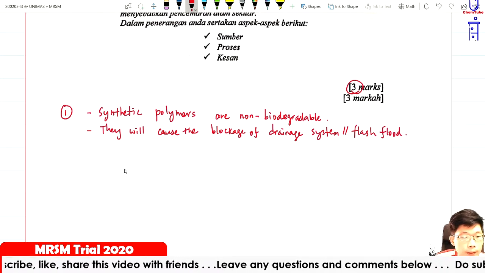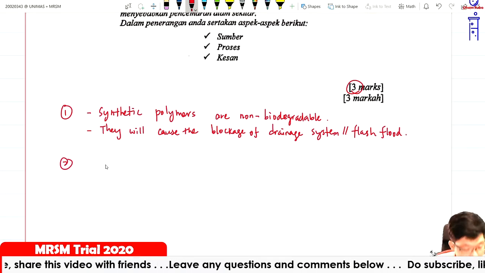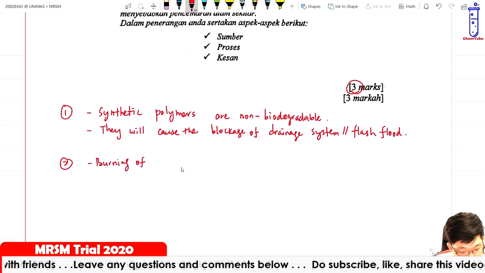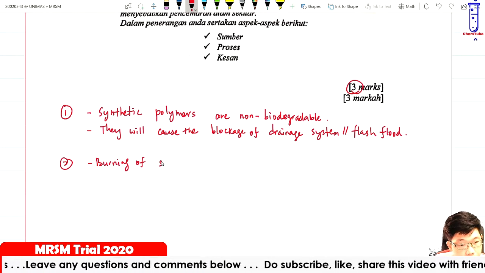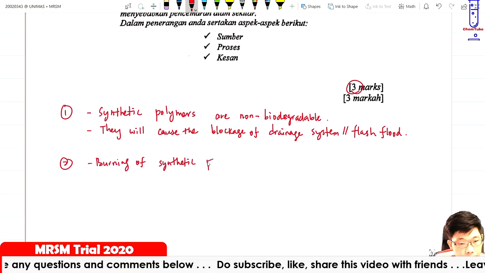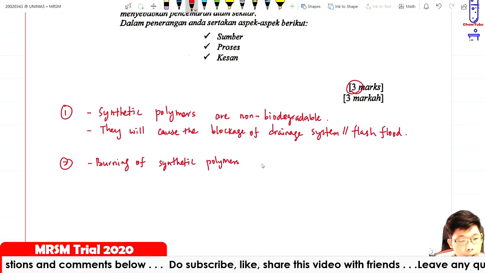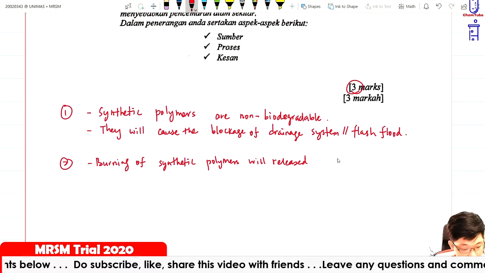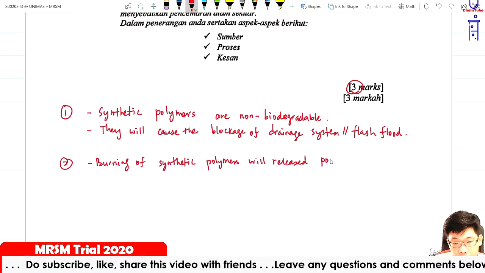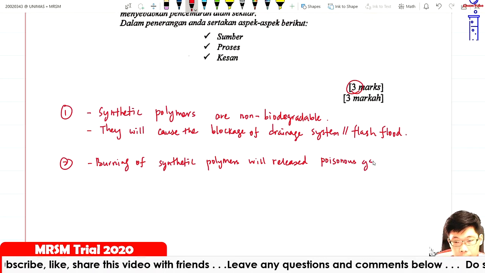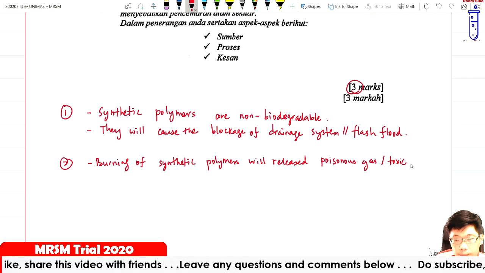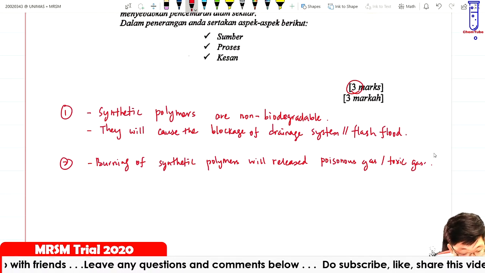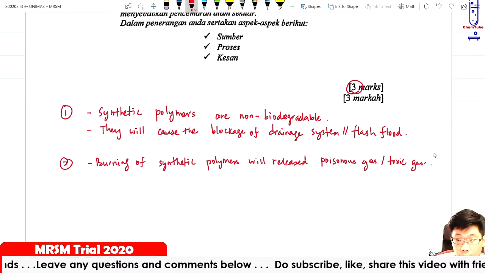Okay, so another one: if burning of synthetic polymers, it will release poisonous gases or toxic gases, for example sulfur dioxide, carbon monoxide, chlorine, hydrogen chloride, and so on.